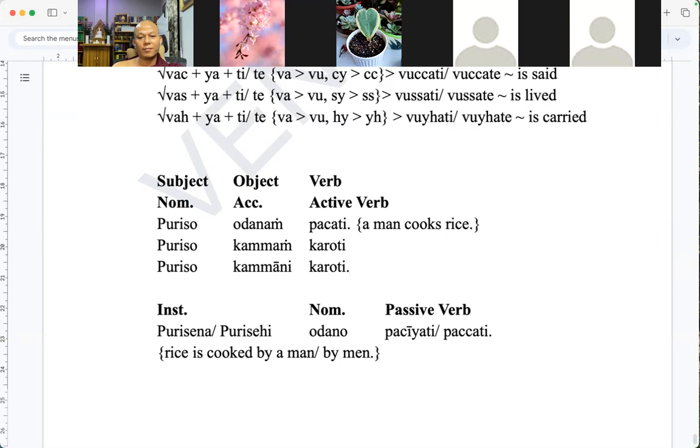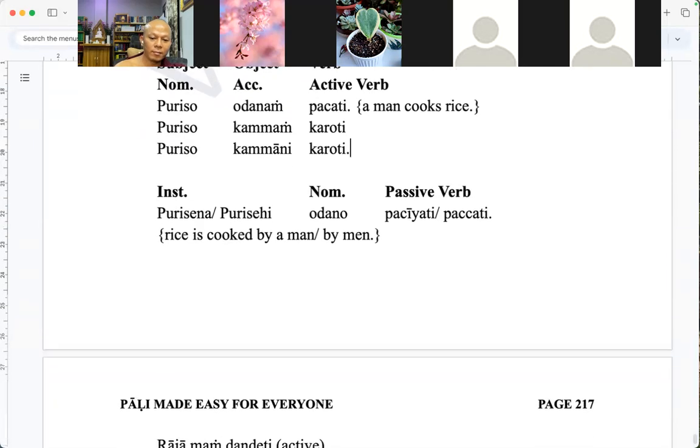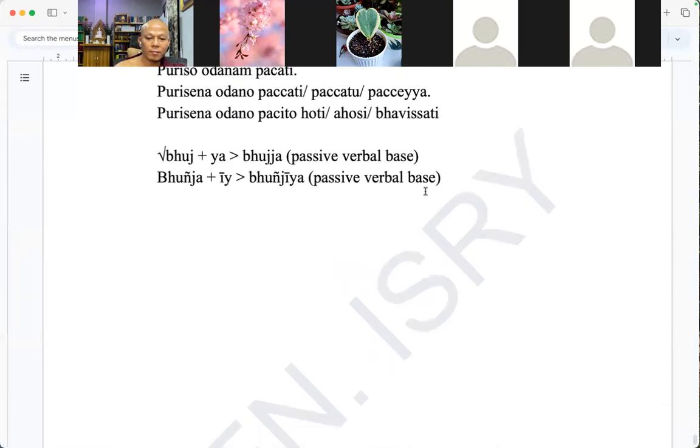Just to add one more point, Bante: if we have a Pali sentence in the passive verb, for example, Purisehi odano pachiyati, and then the exercise asks us to change from the passive verb into an active verb sentence.